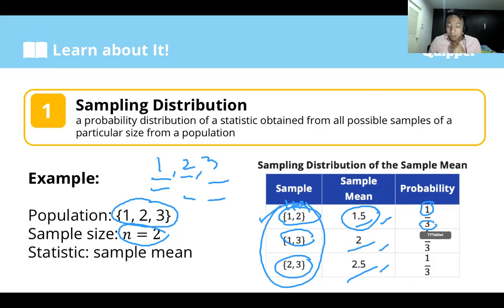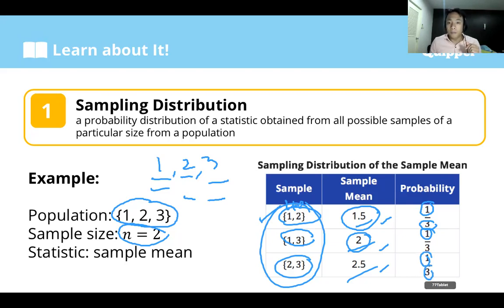The denominator is the total number of sample means. If there were 10, we would have 10 as the denominator, but since here we have only 3, we will put 3 as the denominator. Since we only have one 1.5, we put 1. How many 2 do we have here? Only one, so we also have 1/3. For 2.5, we also have only one, so we put 1/3.